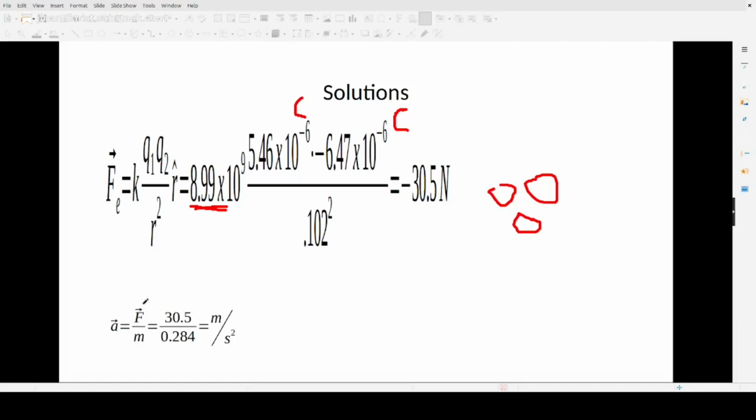Acceleration is force over mass. And it really doesn't matter which sign here. 30.5 over 0.284. This is just Newton's second law.